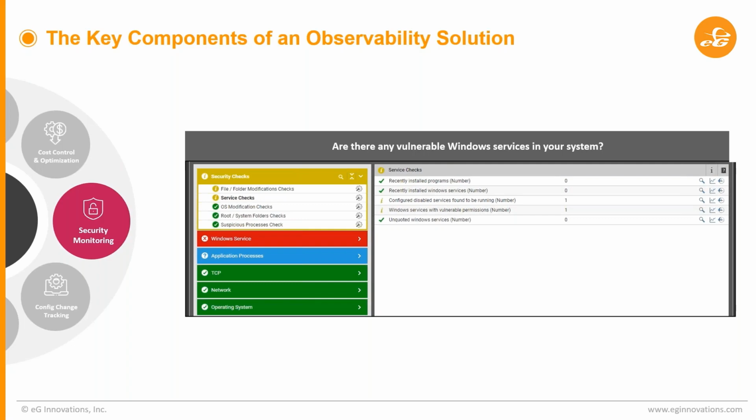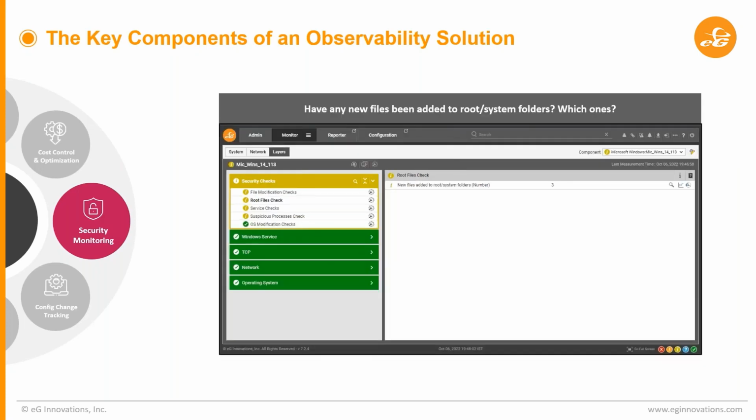An attacker, if they get into your system, if they can copy over files being used by a vulnerable service, can actually take over your system. So detecting those kinds of situations, or even new files that are being created in privileged folders like a root folder, are often indicators that your system is under attack or somebody is doing something that they should not be on your system.